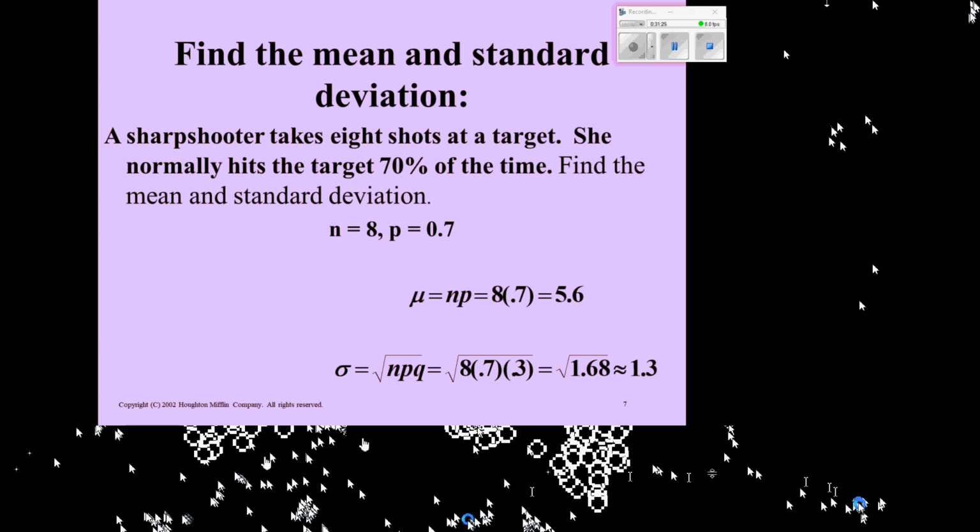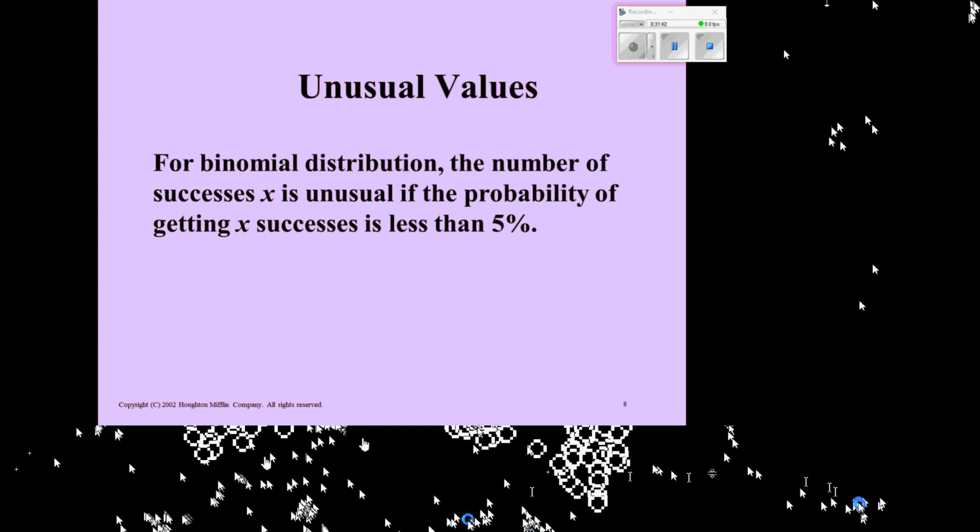So when you're doing these, something that is unusual is less than 5%.